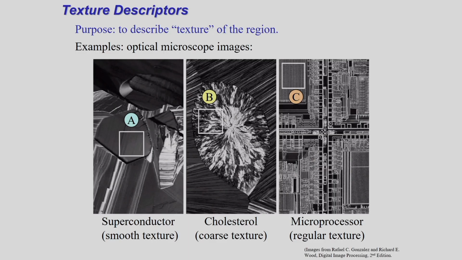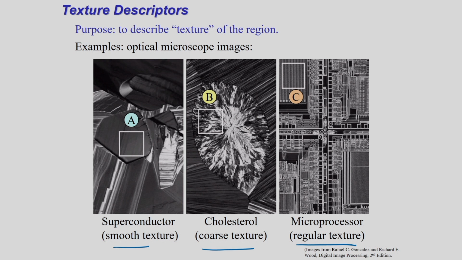And already I have discussed the texture descriptors, so I am not going to discuss it again. You can see I have considered the smooth textures, the coarse textures, and the regular textures. And for this I can determine some statistical parameters. I have already discussed this.